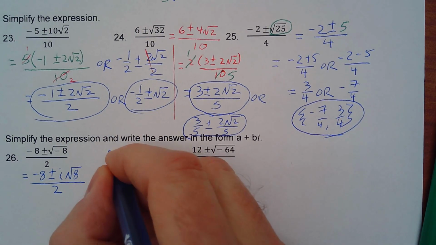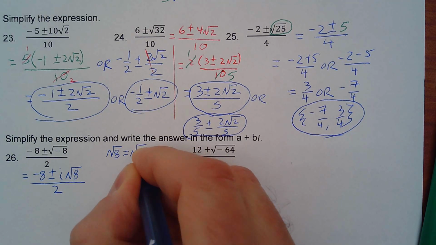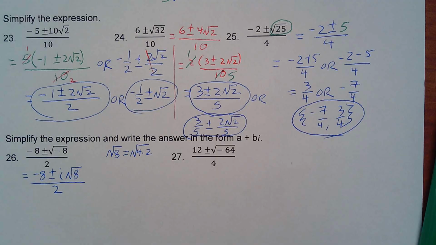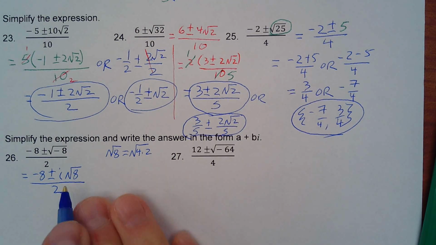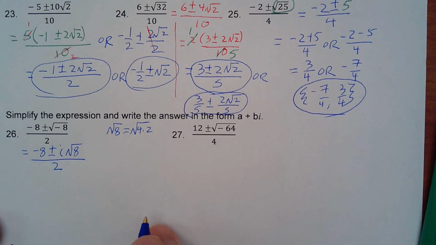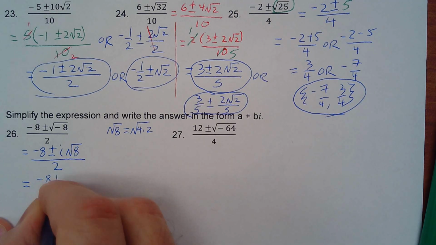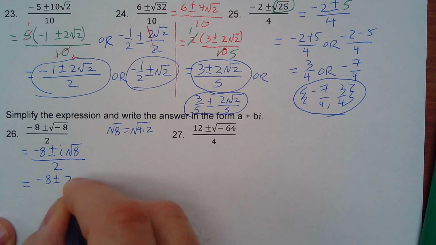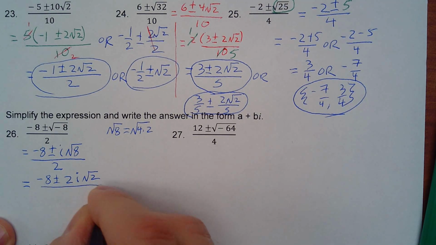And then remember, square root of 8 is the square root of 4 times 2. So that's going to give me 2 square root of 2. I just need to include the i. So that becomes negative 8 plus or minus 2i square root of 2 all over 2.